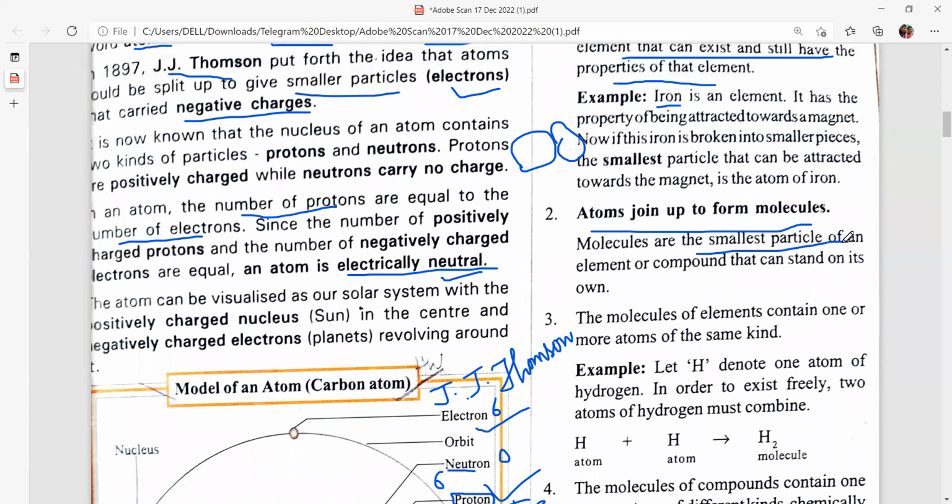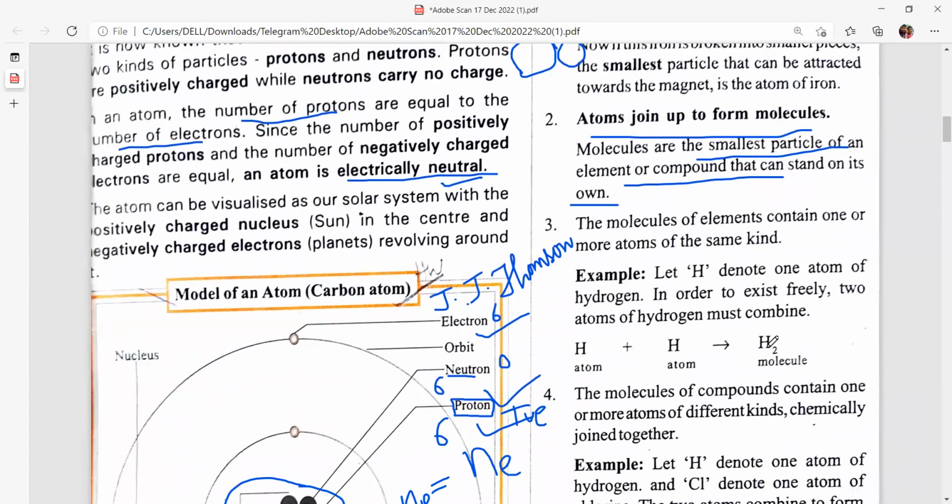The smallest particle of an element or compound that can stand on its own. Because it is a combination of atoms, it can stand on its own. Suppose hydrogen H2: two hydrogen atoms combine to form an H2 molecule, and the hydrogen gas you are seeing is a molecule H2.